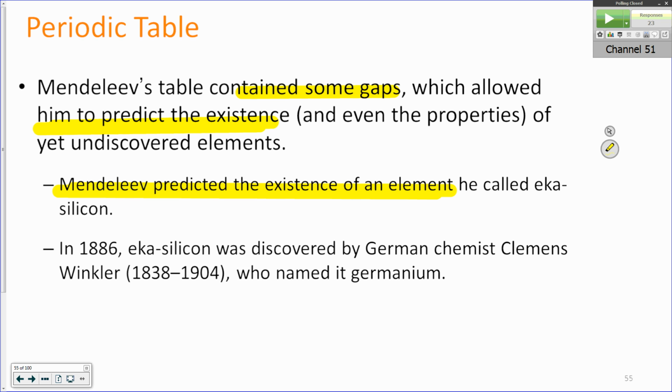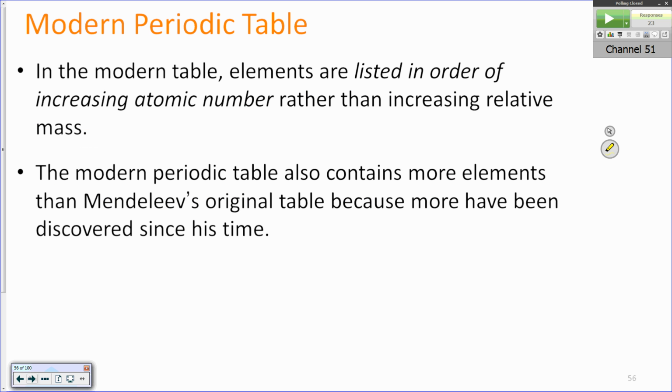When it was discovered in 1886 by the German chemist, he named it germanium. If you discover an element and you're the first to prove it's yours, you get to come up with the name. So he named it after his home country, Germany. But it had the physical and chemical properties that very much matched what Mendeleev suggested it should be.